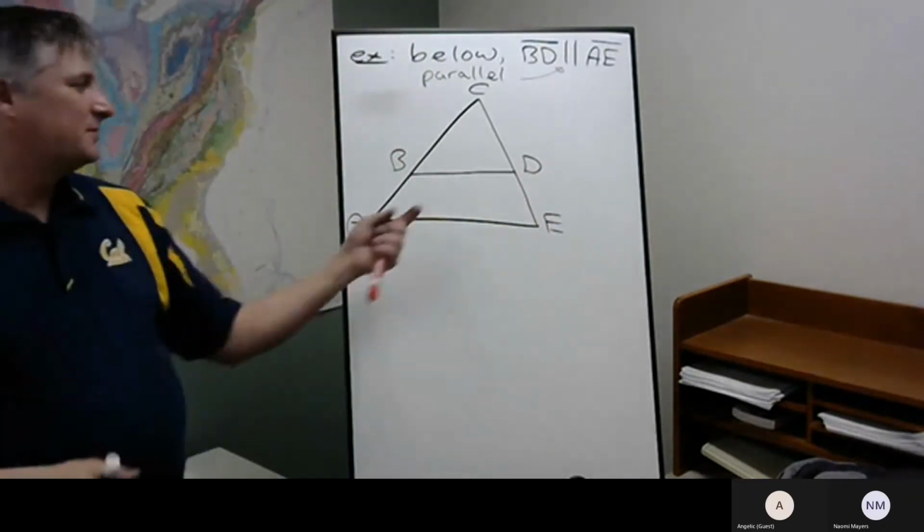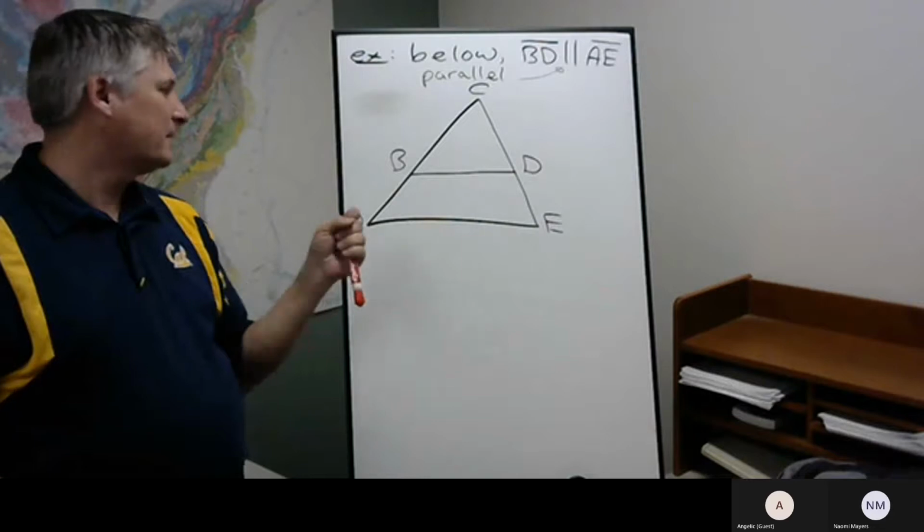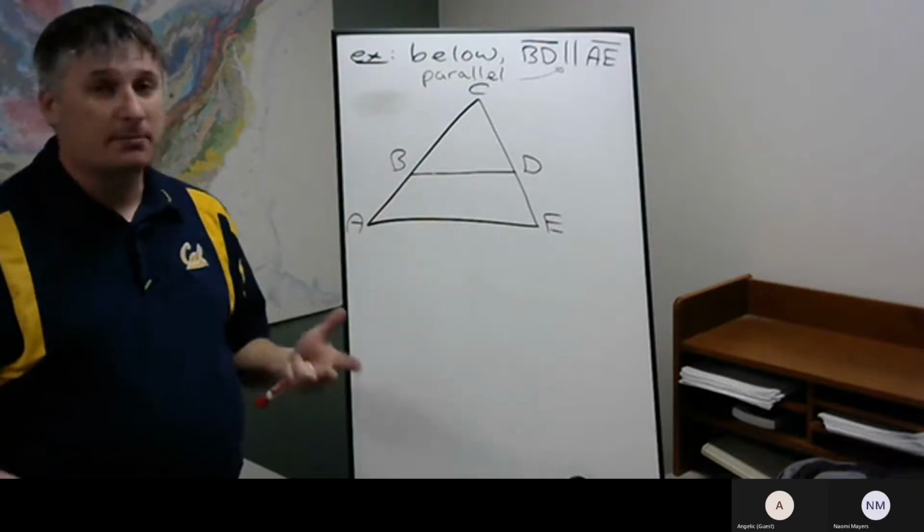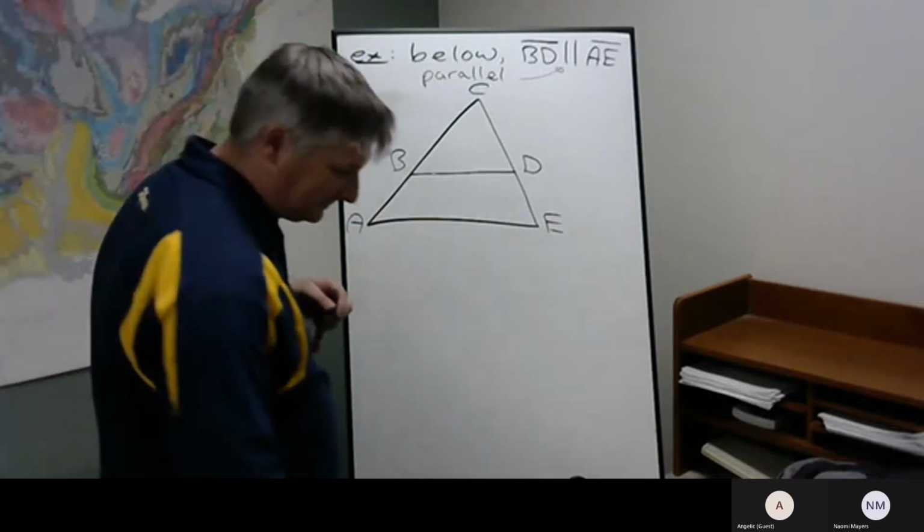So what this is saying is this and this. Here's DE, here's AE. These two are parallel. That's going to be important.